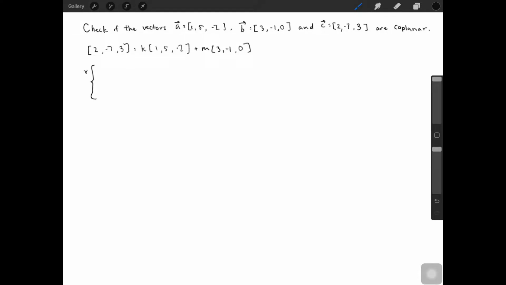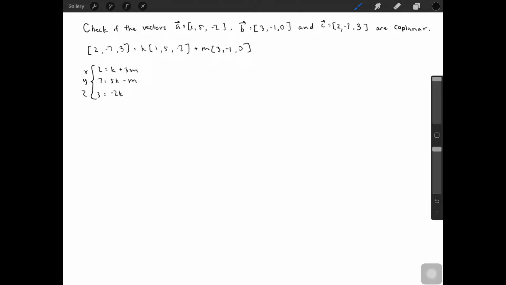Alright, now let's write it into X, Y, Z. So 2 equals 1K plus 3M. -7 equals 5K minus M. And Z will equal 3 equals -2K plus 0.